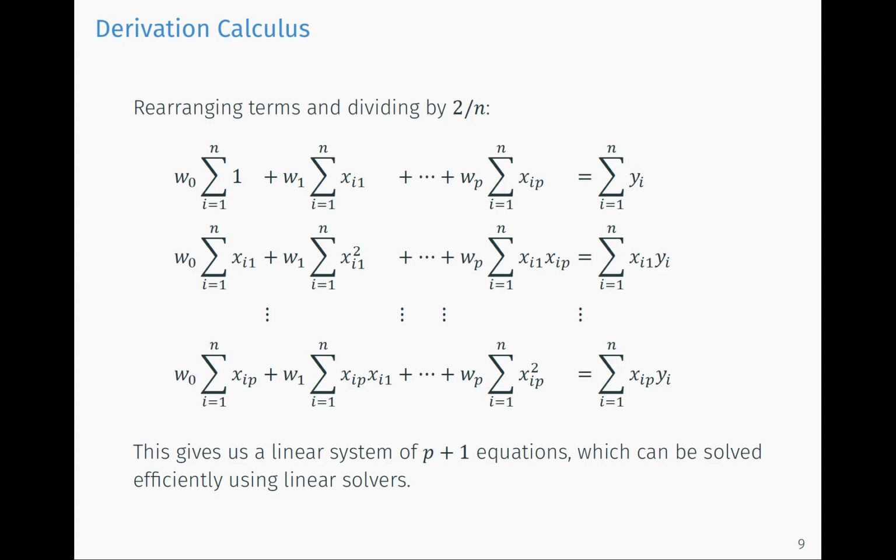So all the terms in x squared and so on are something you can compute, and they don't depend on your coefficients. So you have p plus 1 equations in your weights, and all the other terms that are not w's are constant with respect to w. So you can solve for that.